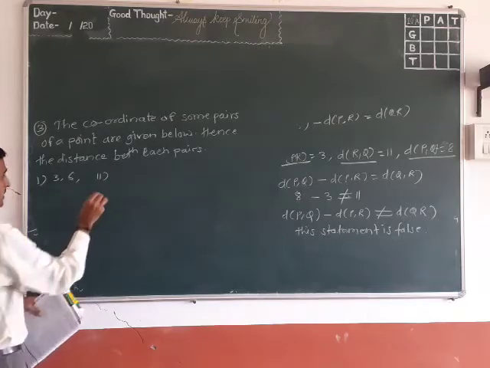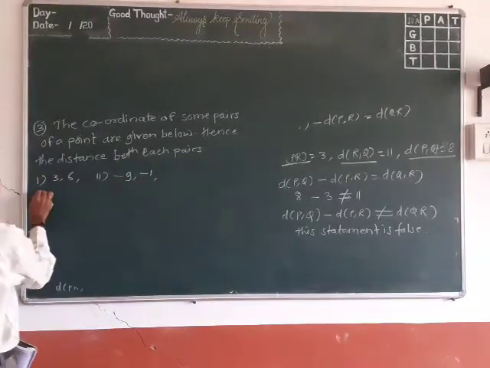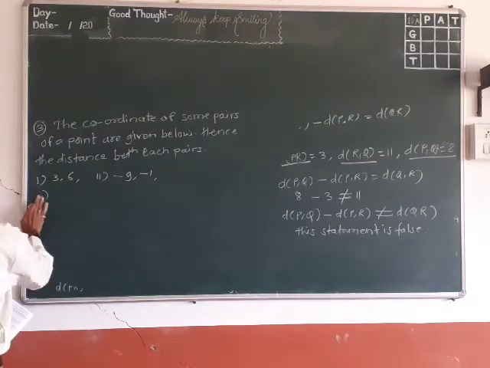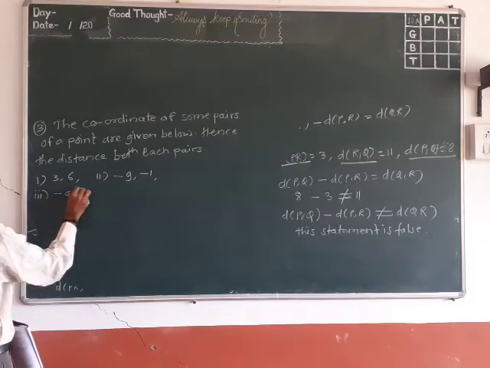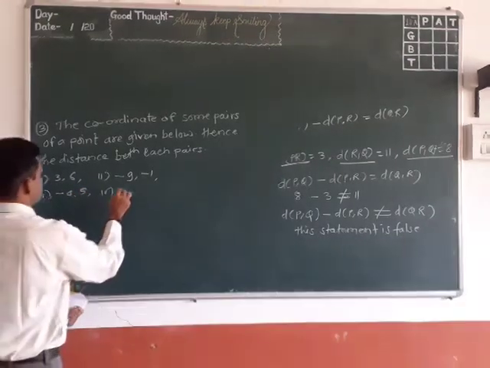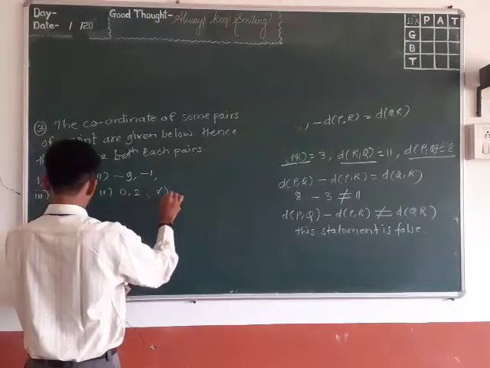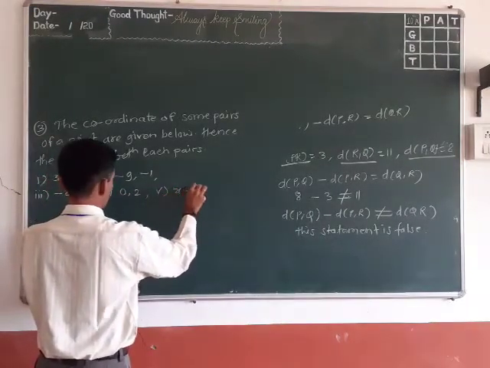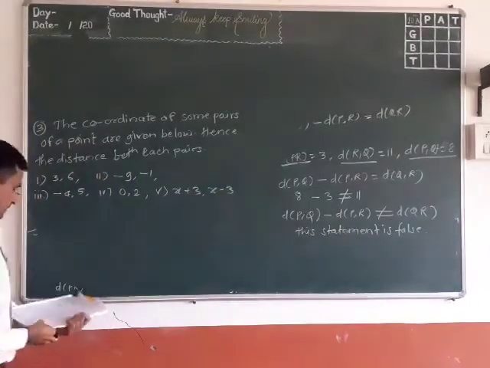Second is -9, -1. Third one is -4, 5. Fourth one is 0, 2. And fifth is x plus 3, x minus 3.